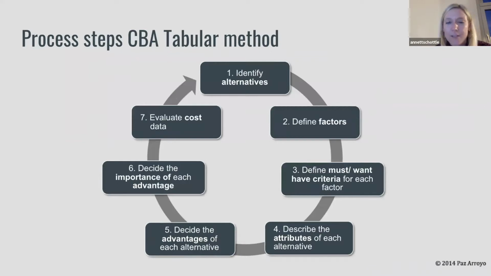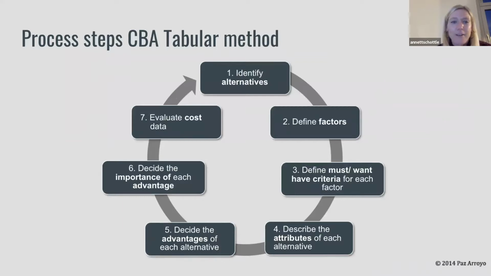Then you decide which are the must criteria you want to have and which are the want-to-have criteria. If one alternative already doesn't fulfill a must criterion, you can already delete it from your table, because then it's not necessary to have it. Then in the 4th step, you describe the attributes. This is very objective because the phone has the attributes. It's not that you subjectively think about the attributes, they are already there.